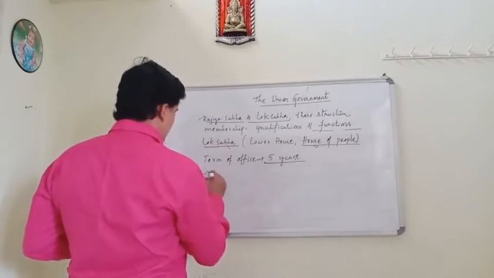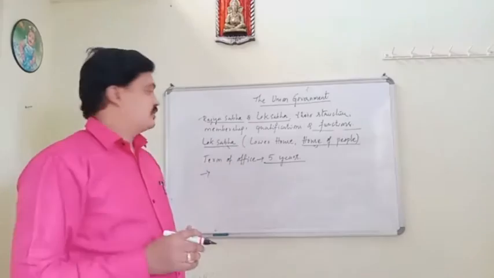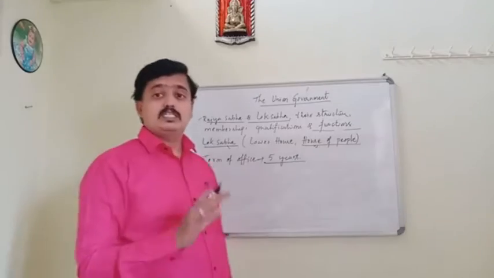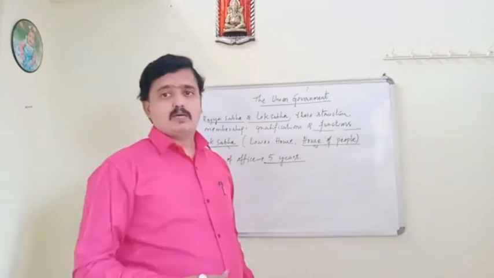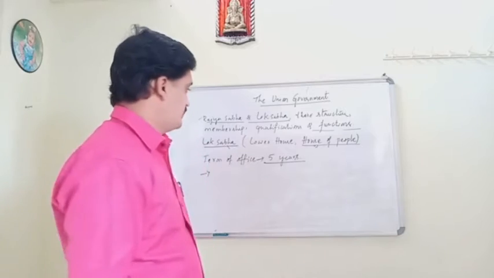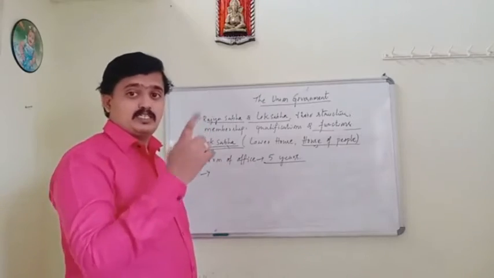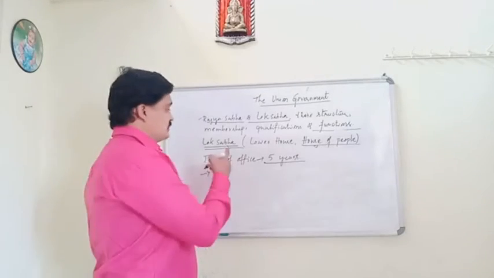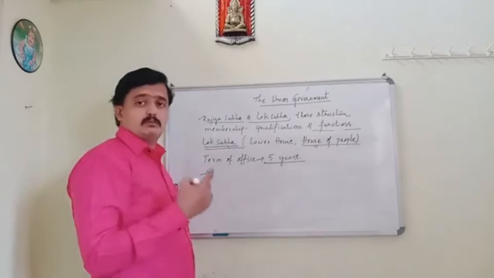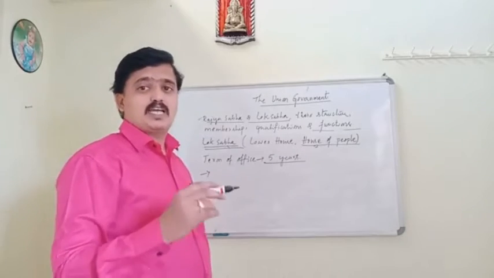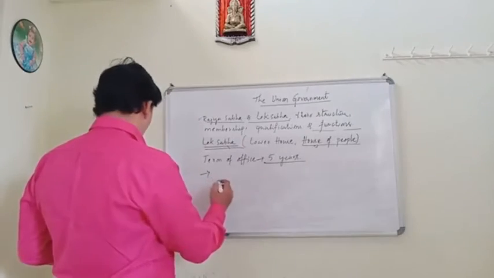And I have told Lok Sabha can be dissolved by the president. But Rajya Sabha cannot be dissolved. That's why it is called a permanent body, and Lok Sabha is called a temporary body, because it can be dissolved.